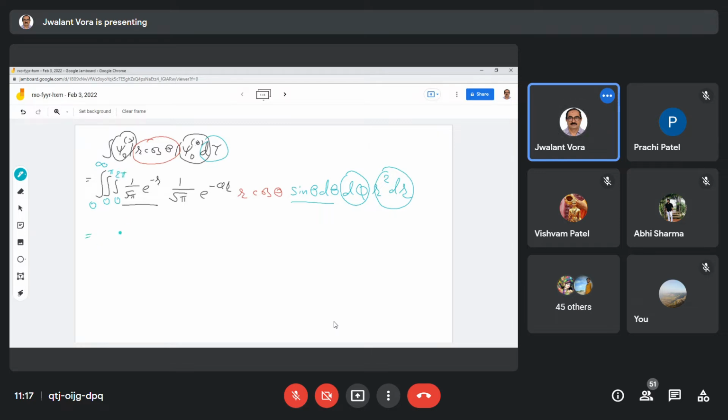This is equal to that 1 upon root pi into 1 upon root pi, that is equal to 1 upon pi into bracket, first integration 0 to infinity. I forgot to put this r. Yes, it is there, I'm sorry for it. r into r square, that is equal to r cube dr. Second, let us take theta: 0 to pi cos theta into sin theta into d theta.